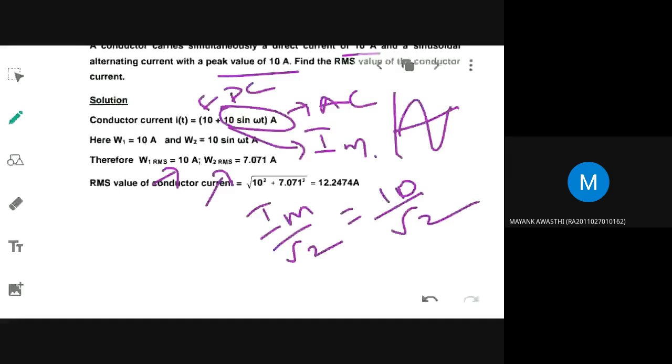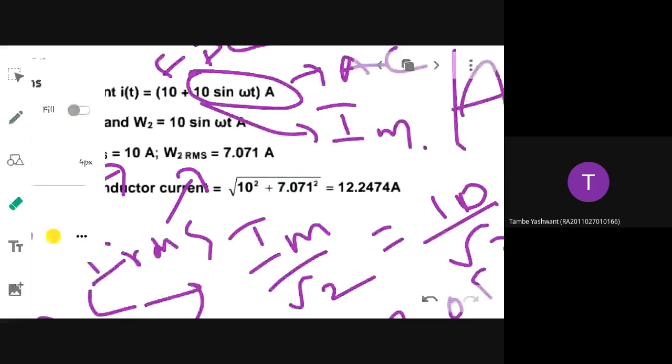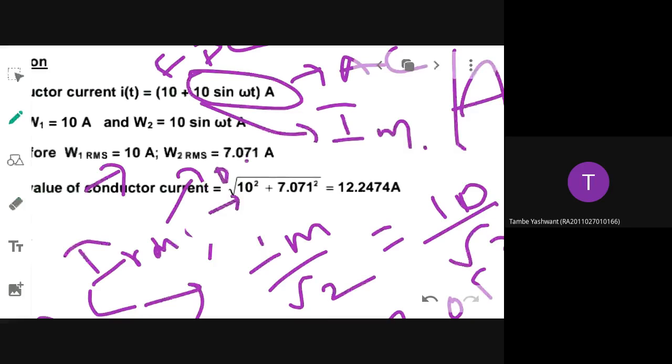This is for AC, 10 into 0.707, RMS 7.07, that they have substituted here. Then they have taken the sum. This is for DC and this is for AC, and they have taken the square root and found the answer. This is one simple problem. Understood this problem or not?